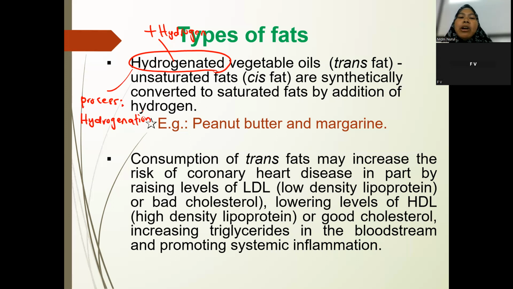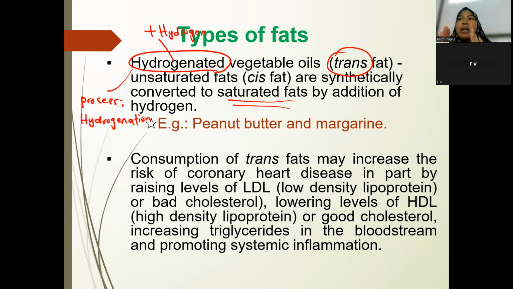Kenapa vegetable oil ditambahkan hydrogen? To convert it become saturated. Okay, so hydrogenated vegetable oil we call as trans fat. Trans maksudnya? Trans. Tukar.